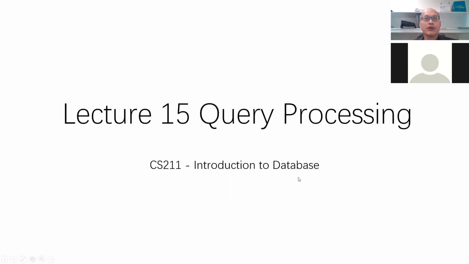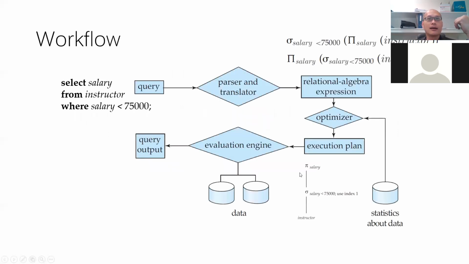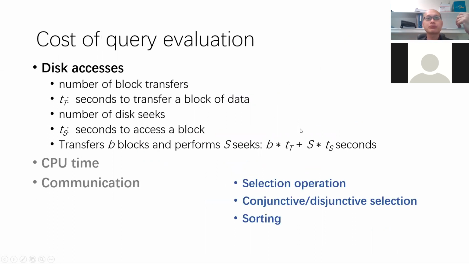Last week, we talked a bit on query processing, and it deals with how fast you carry out the query. So just as a very short recap, we will use this model to ascertain how fast your queries are being done.